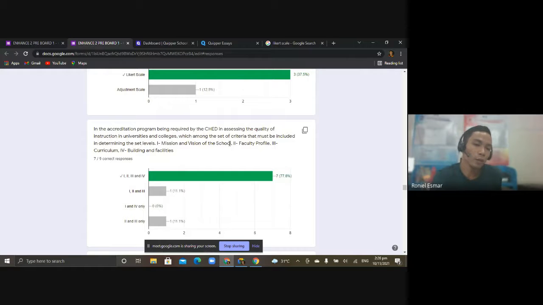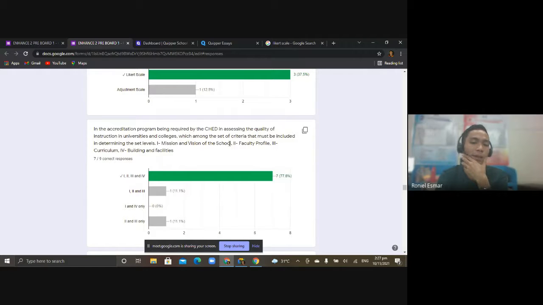Third is the curriculum used in the school. Next are the buildings and facilities, the availability of all the important facilities for the teaching and learning process, including the laboratory, computer labs, and the books available in the library. Those are important things CHED looks at to identify the accreditation level of a particular higher education institution.